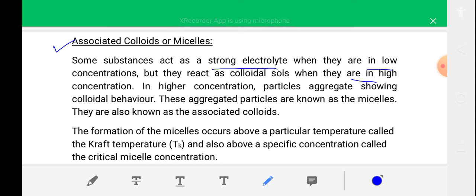In higher concentration, the particles aggregate, showing colloidal behavior, and these aggregated particles are known as micelles.